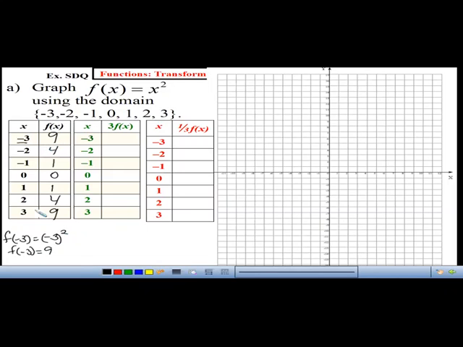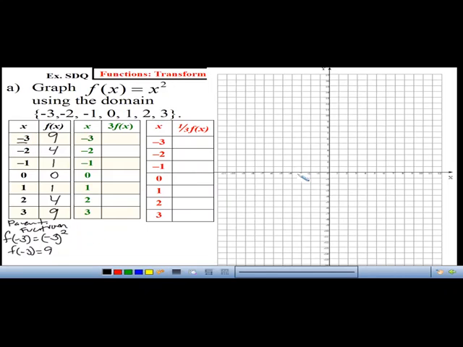This first one, I'm doing in black. This is something that we should have automatically in our noodle because this is known as a parent function. This is the original function of all the quadratics, and anything after that that we add to that function is a transformation. So let's graph this.